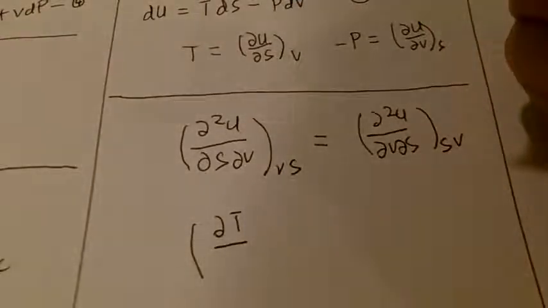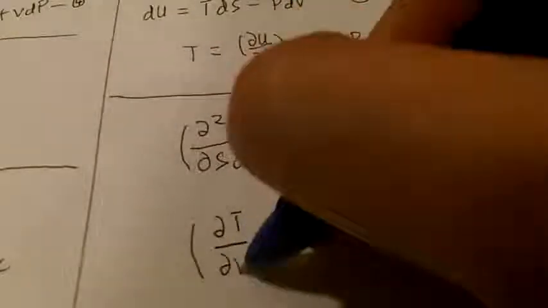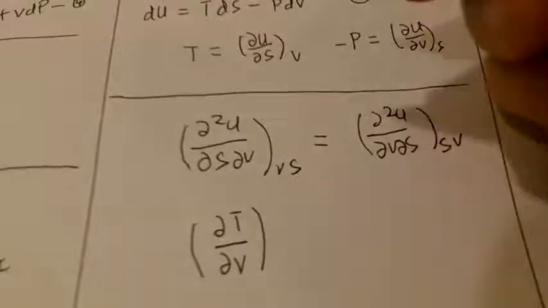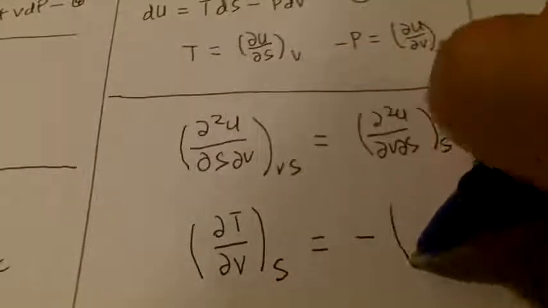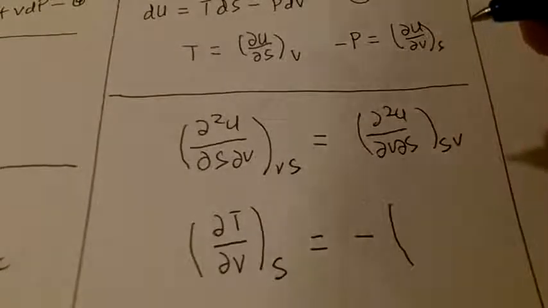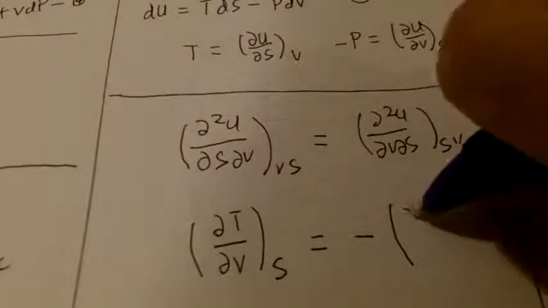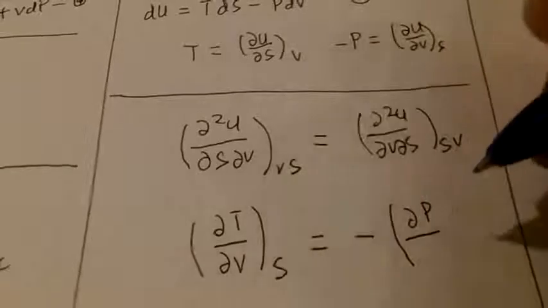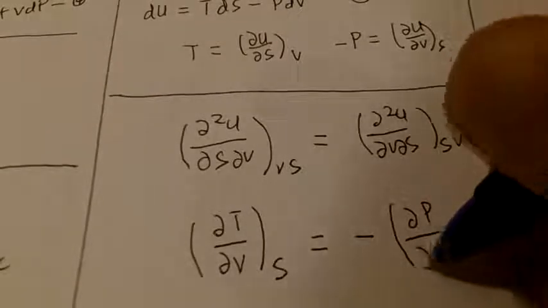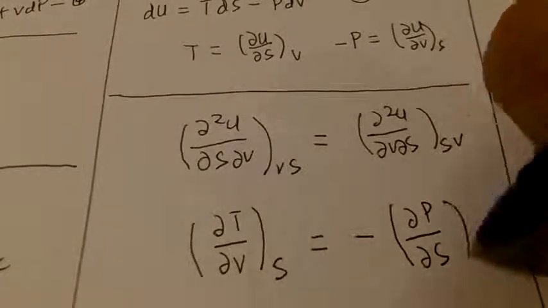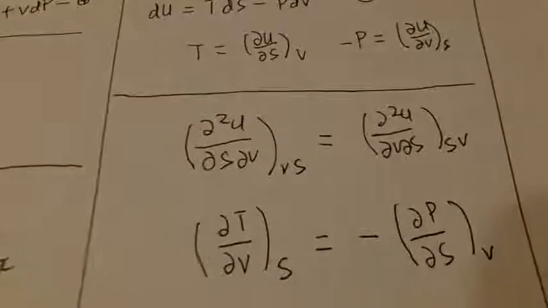Del T del V at constant S equals negative del P del S, holding V constant.